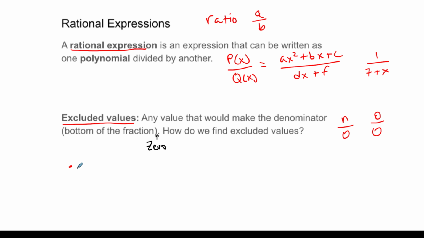The way we're going to do that is we're going to factor both the top and bottom. And we can determine what makes the bottom 0 by setting it equal to 0 and solving.